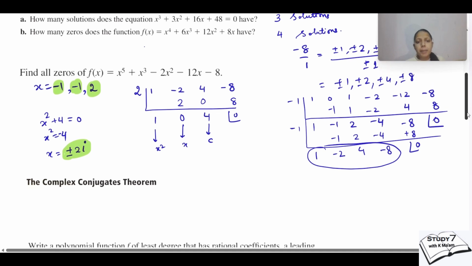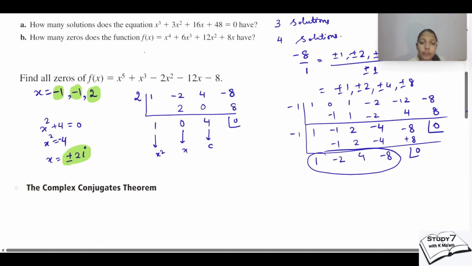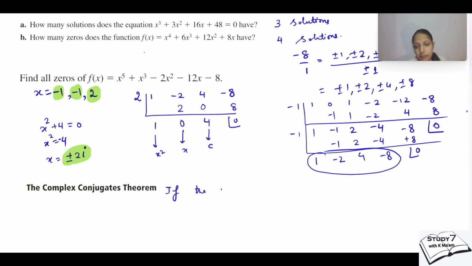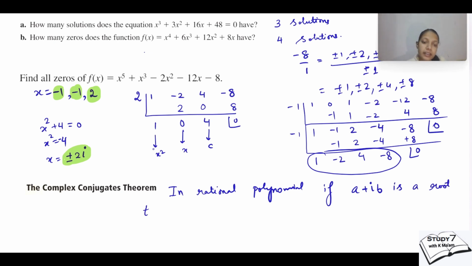Next, the complex conjugate theorem. The complex conjugate theorem says, if the polynomial is rational, if a plus ib is a root, then its conjugate a minus ib is also a solution.